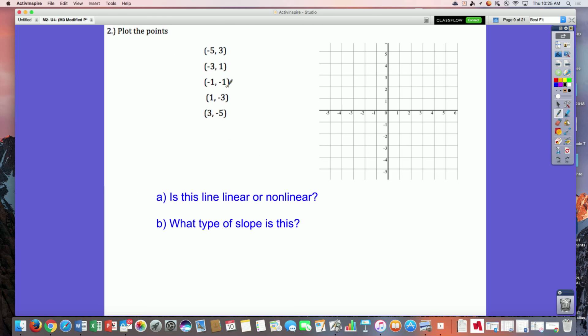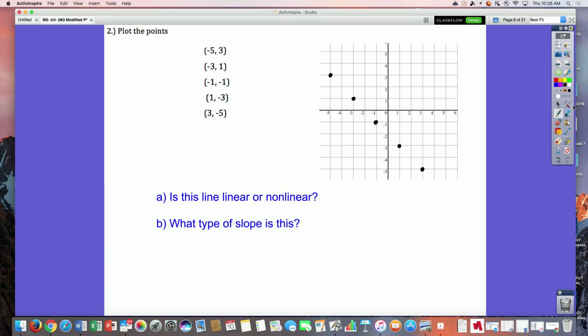Let's go ahead and you do this one. Plot those points when I yell out bacon and then come back. Bacon! Hey, welcome back. We're plotting these points now. -5, 3. You probably already had this on your paper. -3, 1. -1, -1. 1, -3. 3, -5.